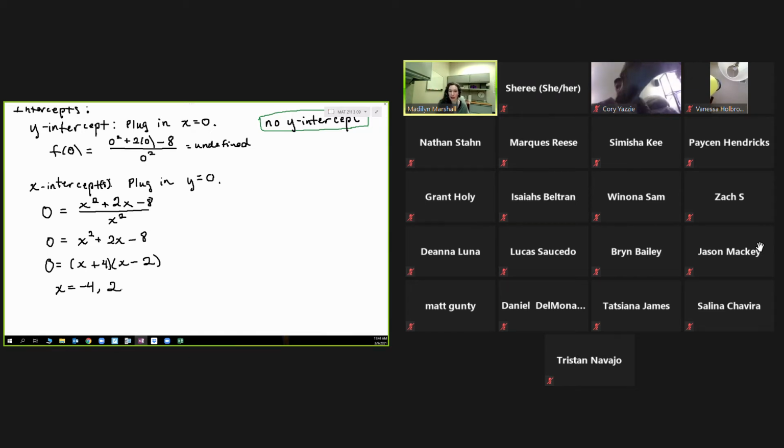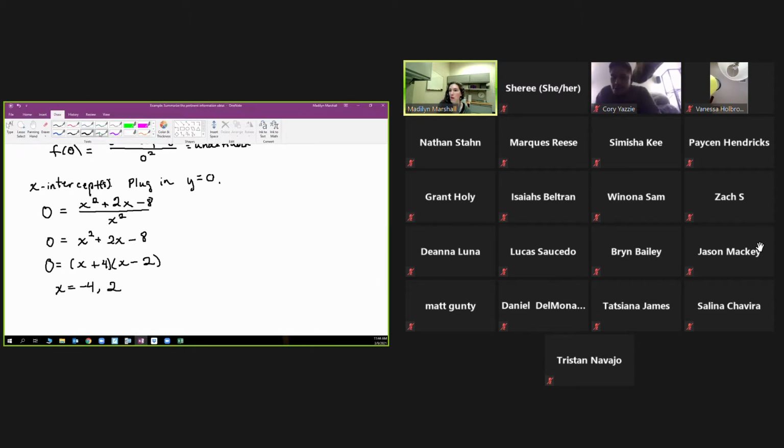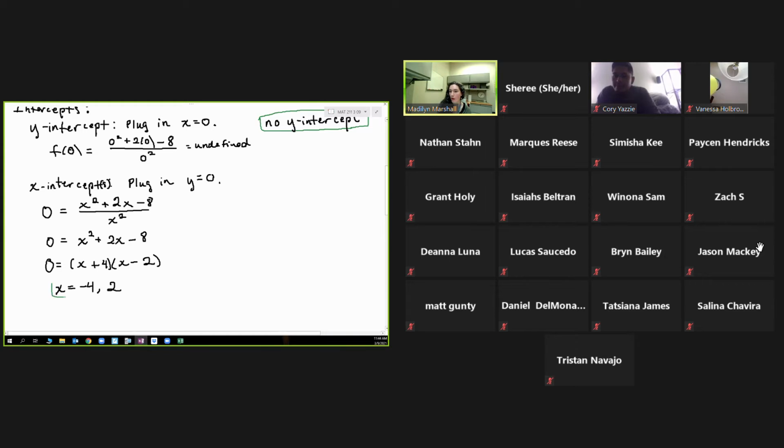So our x-intercepts for this function are -4 and 2. So a rule of thumb for finding intercepts is that we plug in 0 for the other thing. Finding y-intercepts, we plug in 0 for x. Finding x-intercepts, we plug in 0 for y.